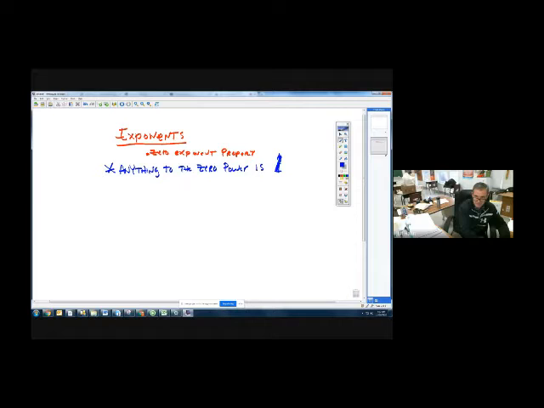Anything to the zero property is 1. That's the best I can do with this thing. So, for example, check this out. If you have x to the zero property, that is 1. If you have 3,236 to the zero power, that equals 1.